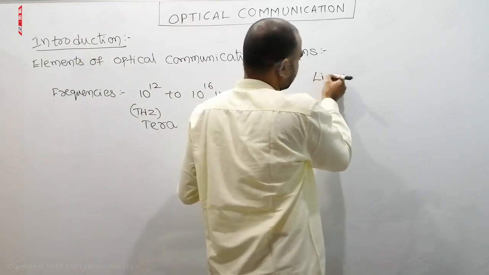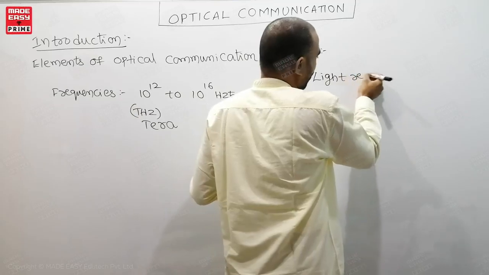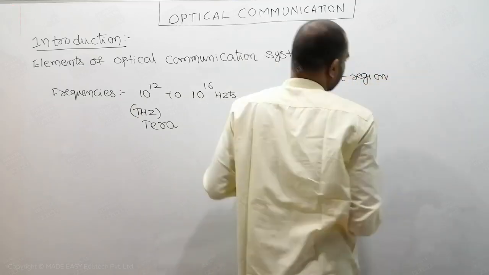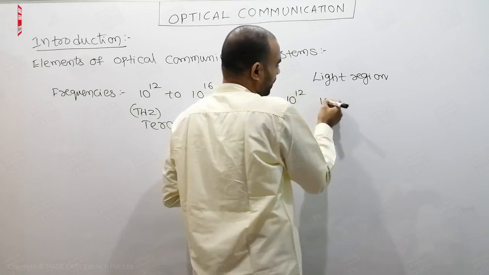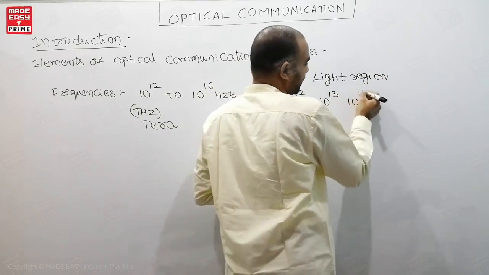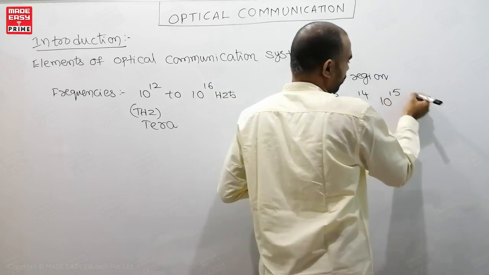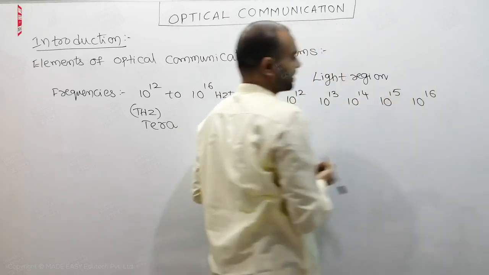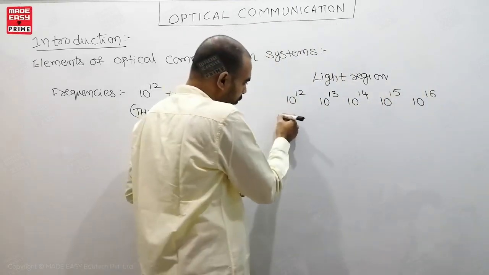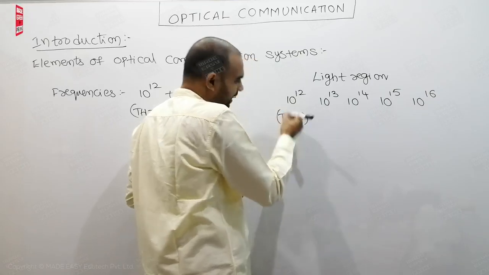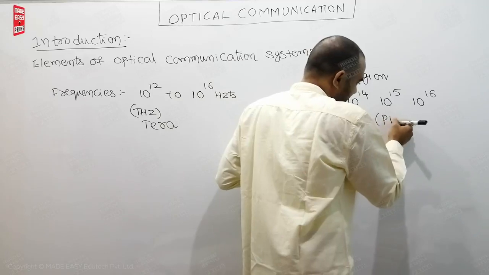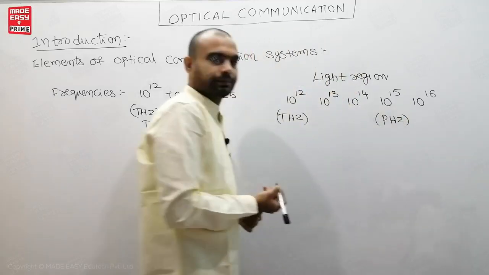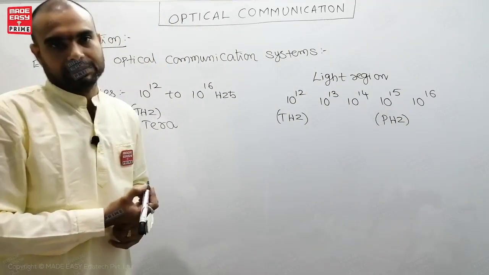The light region, or we can also say the optical region, is present from 10 to the power of 12, 10 to the power of 13, 10 to the power of 14, 10 to the power of 15 and 10 to the power of 16, where 10 to the power of 12 is called the terahertz and 10 to the power of 15 is called the petahertz.